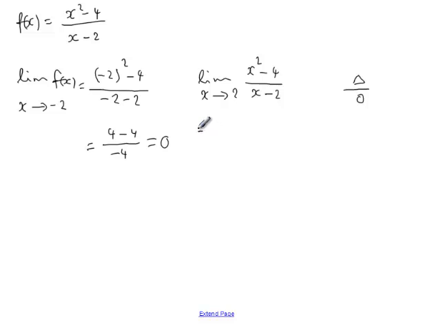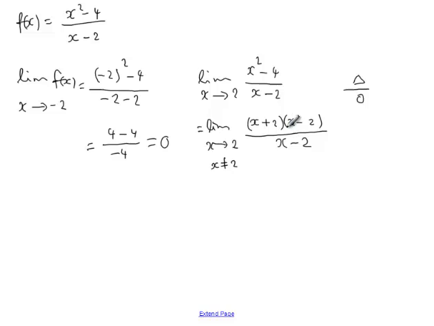Now this is the same thing as the limit as x approaching 2, where you factorize the numerator like that. Remember, when we're looking at a limit, we emphasize the fact that x is not equal to 2, so we cannot have 0 over 0.